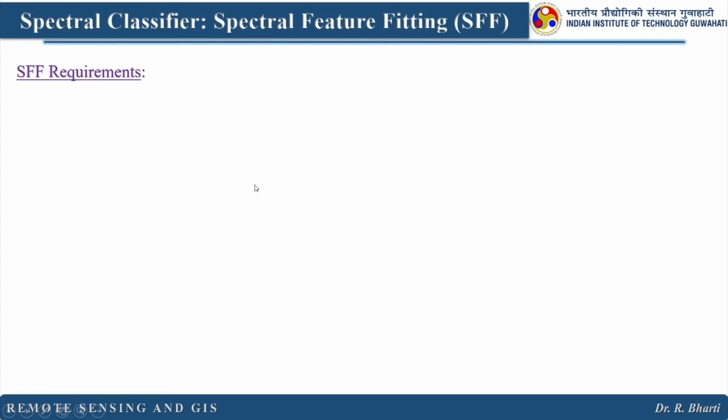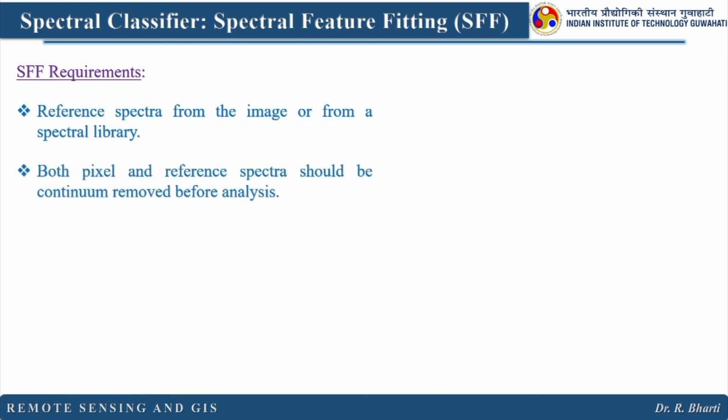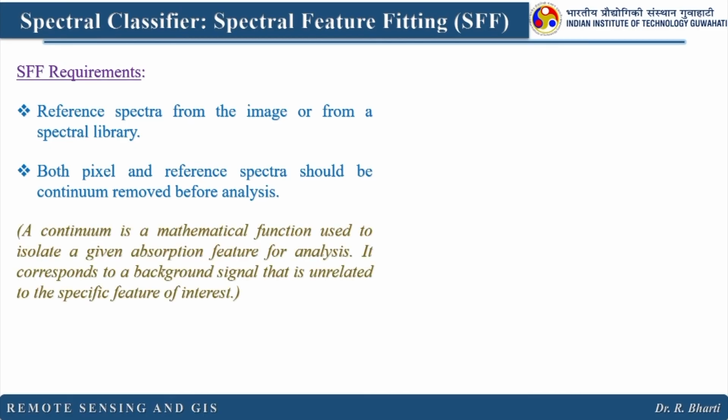The requirements of SFF are listed here. Reference spectra from the image or from a spectral library, so this is mandatory. Both pixel and reference spectra should be continuum removed before analysis. Hope you remember that continuum removal. A continuum is a mathematical function used to isolate a given absorption feature for analysis.